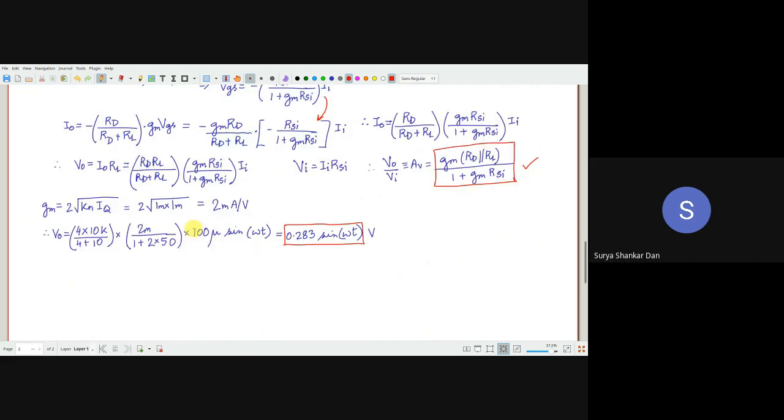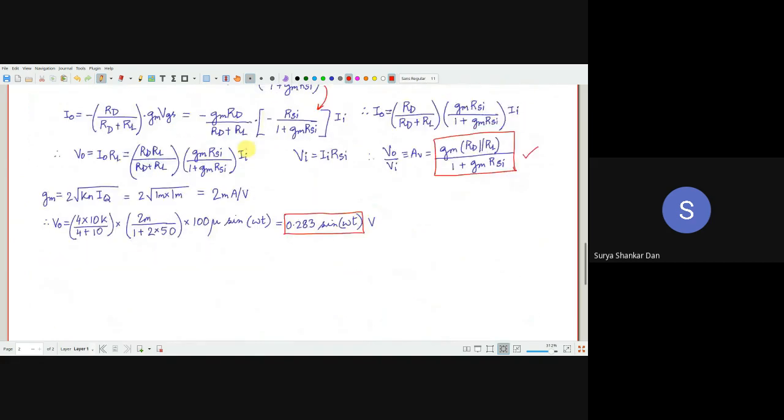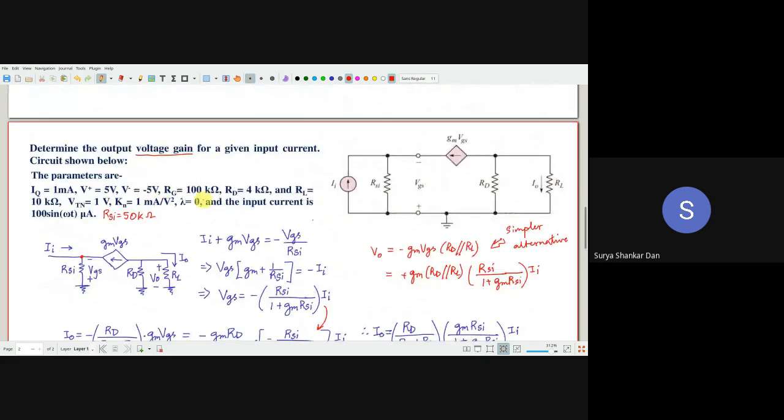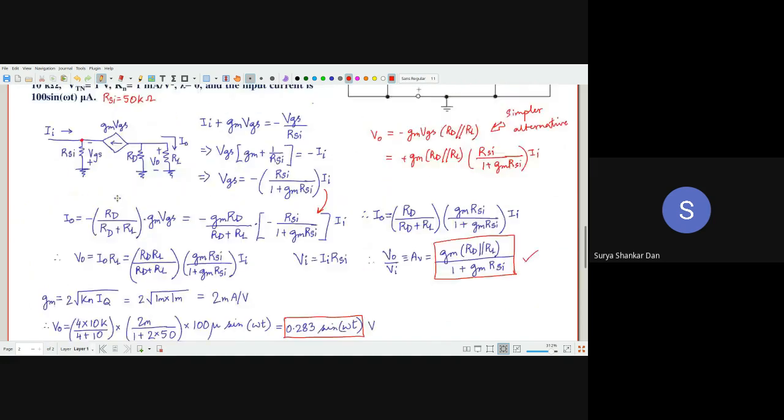Very good. Although it is not asked, if you want to find out the V out expression, I do not know why these values are given in the question, because input current determines the output voltage gain, and RSI is also missing. But anyway, if you want to do it further, then basically GM will be equal to 2 root over Kn into IQ.